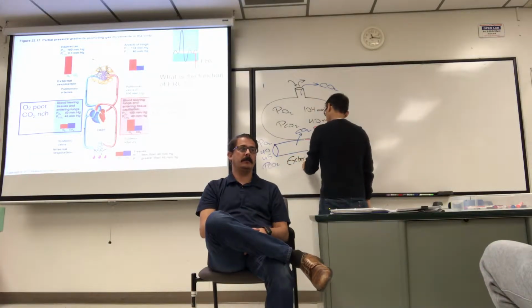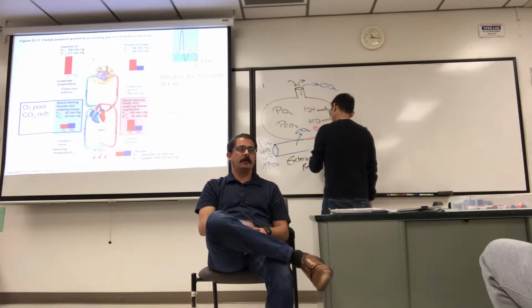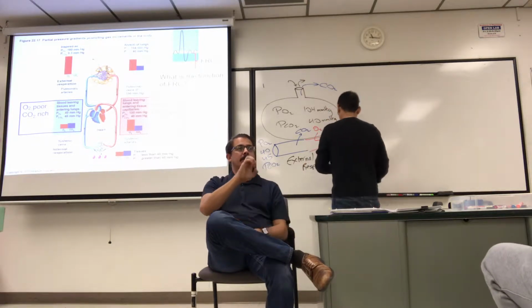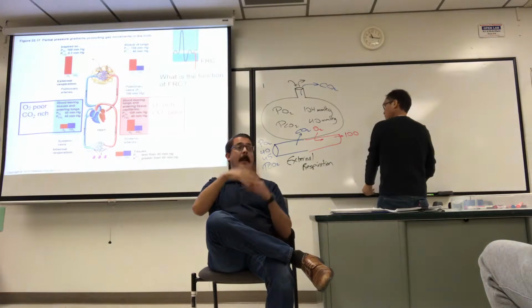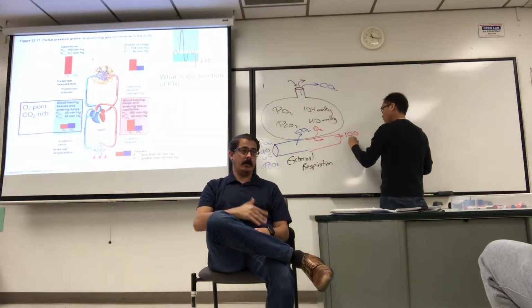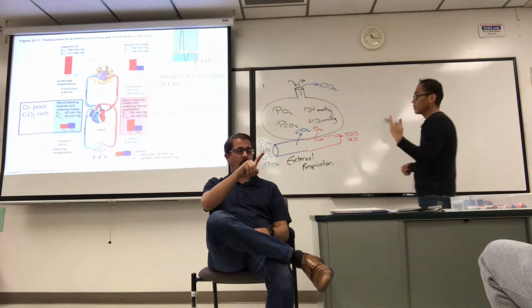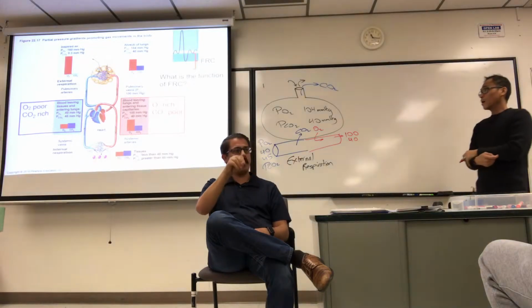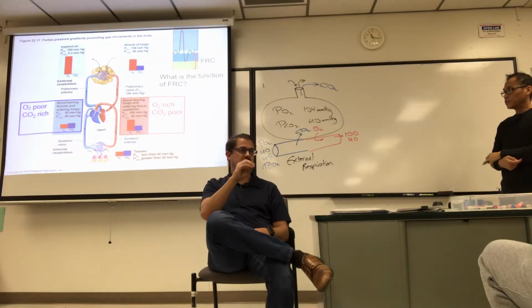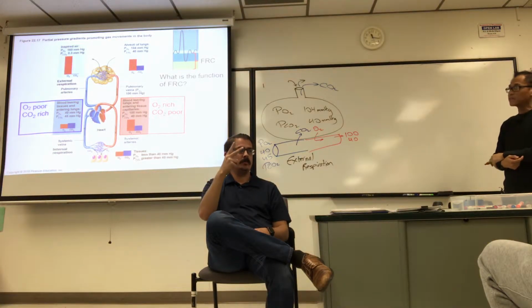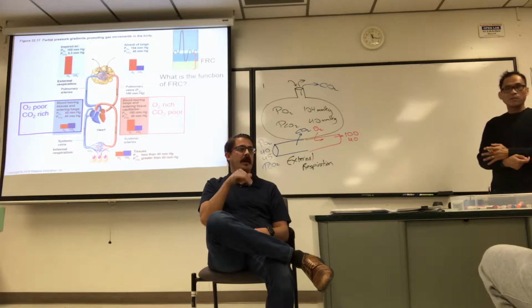So that blood leaving, instead of being 40, 45, is 100 and 40 for oxygen and CO2 respectively. And that's the blood that the left heart pumps to the rest of the body.